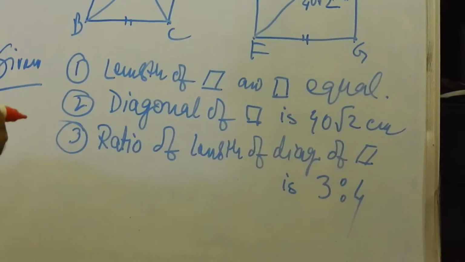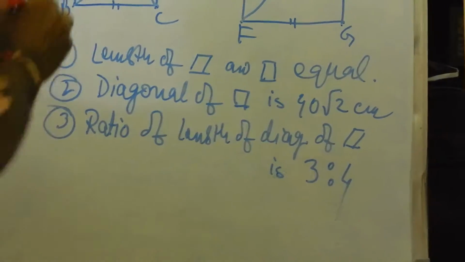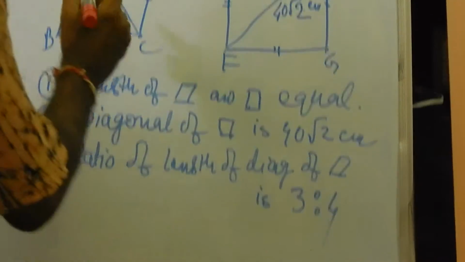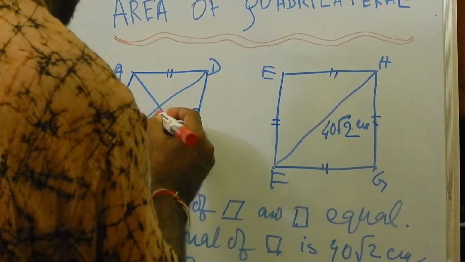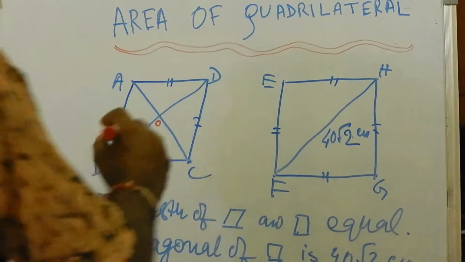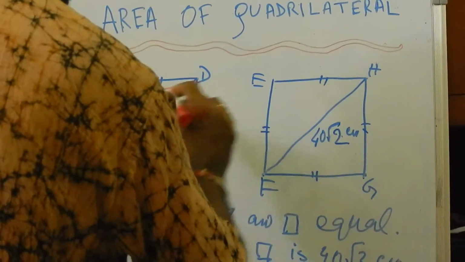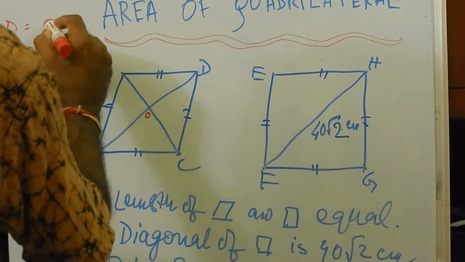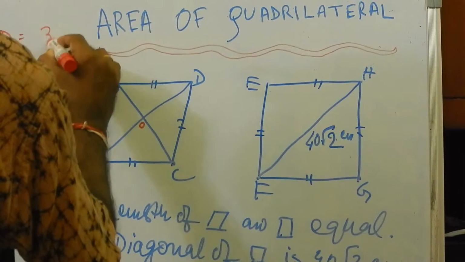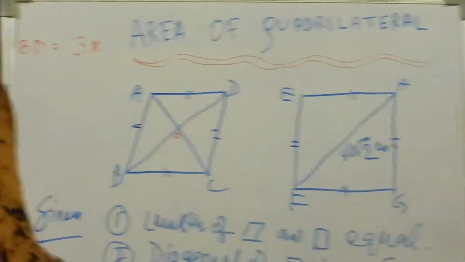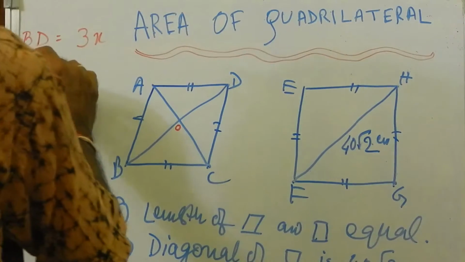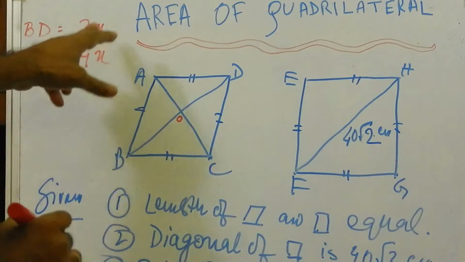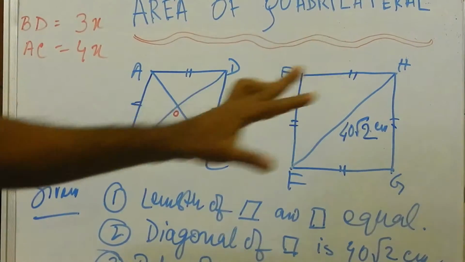So we can take the 3:4 ratio. We can take BD as 3x and AC equal to 4x, or we can take BD equal to 4x or AC equal to 3x, whatever it is.